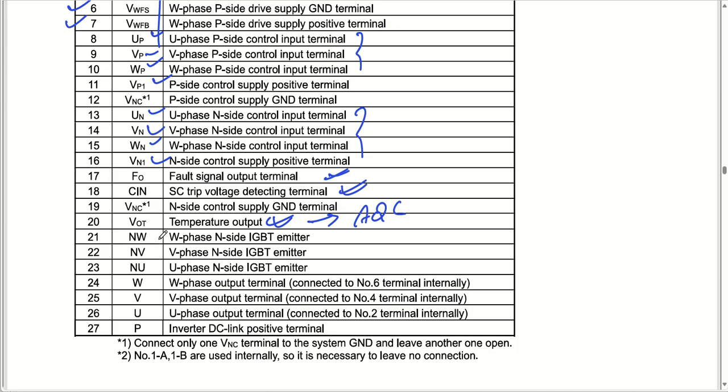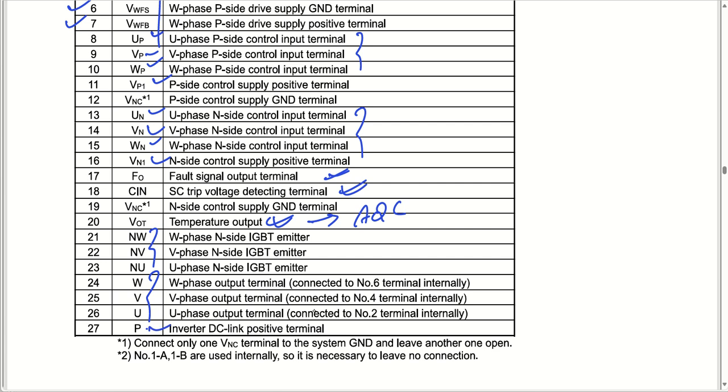Let us talk about the other pins. You can see we have NW, NU and NV. These are the U, V and W phase IGBT gate driver emitter N side. And these are the motor terminals U, V and W phase. U phase, V phase, W phase are going to get connected to the motor U, V, W phases.